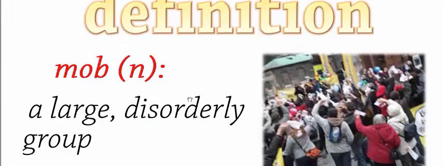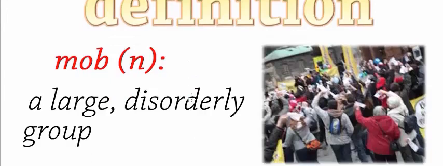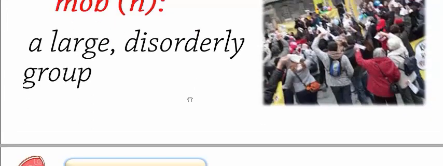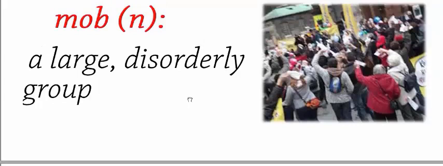Mob, a large, disorderly group. Mob is a noun. Please use it in a sentence orally. We say we join mobs in order to ask for our rights, in order to protest against the unjust government.